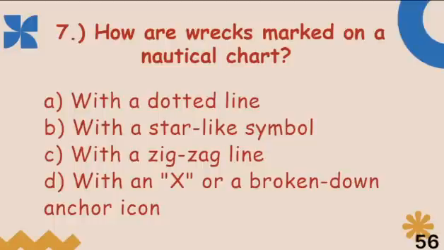Next, how are wrecks marked on a nautical chart? Is it A, with a dotted line? Is it B, with a star-like symbol? Is it C, with a zigzag line?